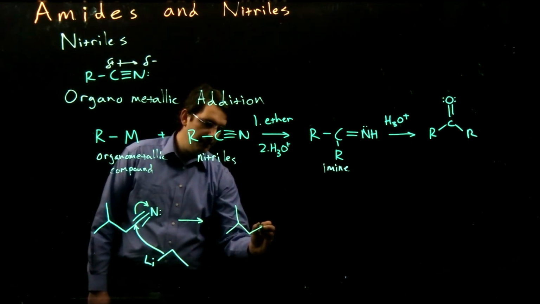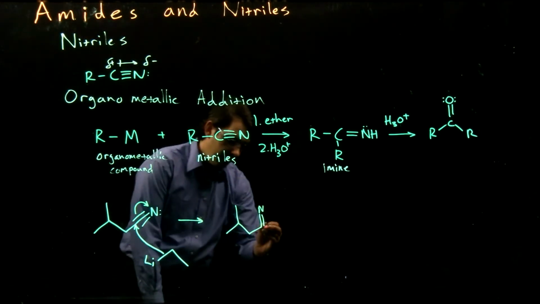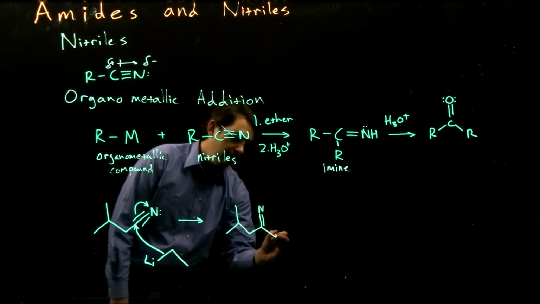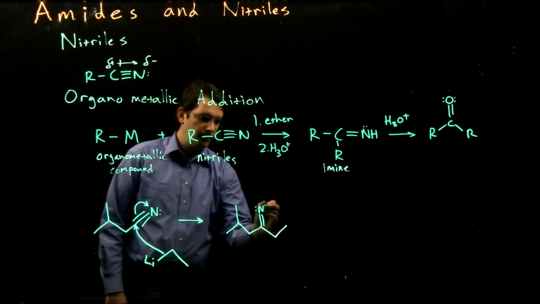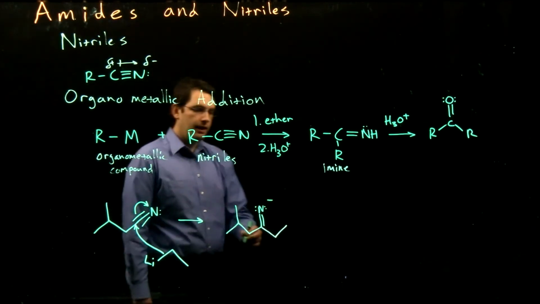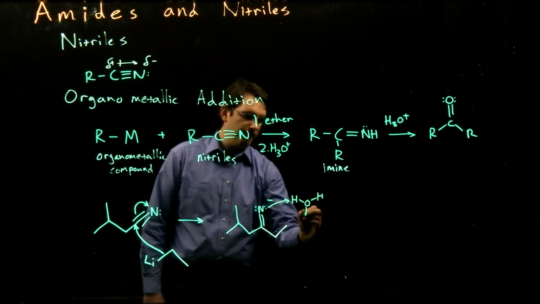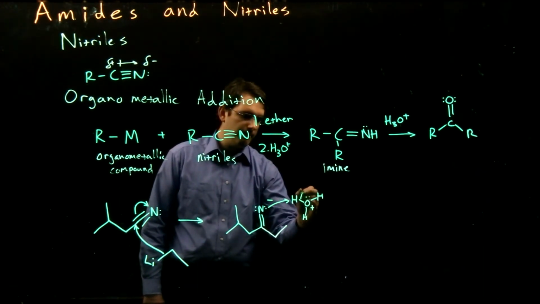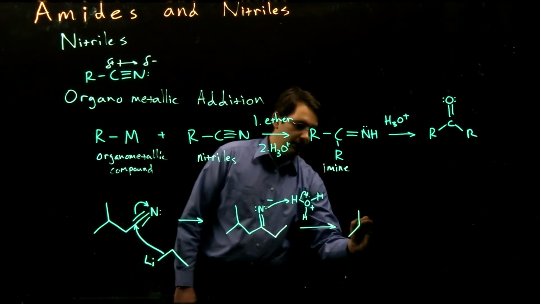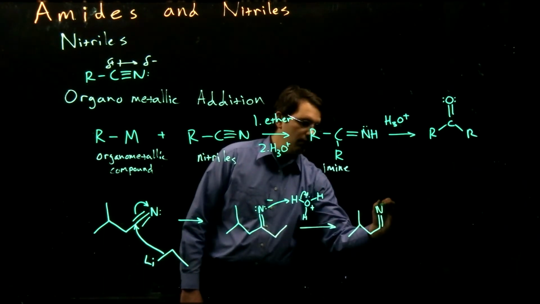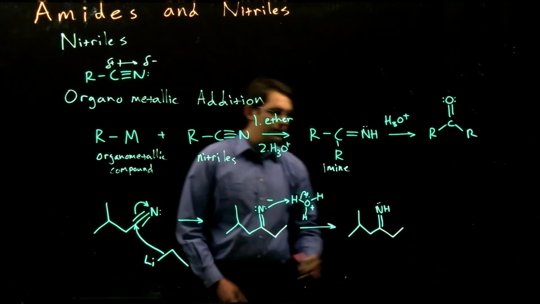This gives us our imine here with our double bond to nitrogen and our new carbon chain, in this case just 2 carbons added on here at the end. This, of course, gets protonated by our acid that we add in the second step, leading to our initial imine product with the extra carbon chain.